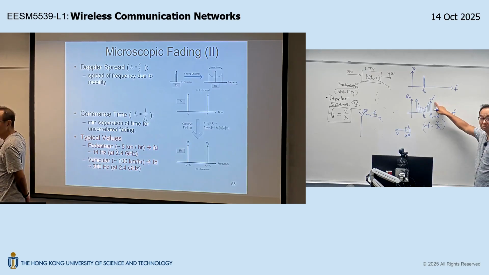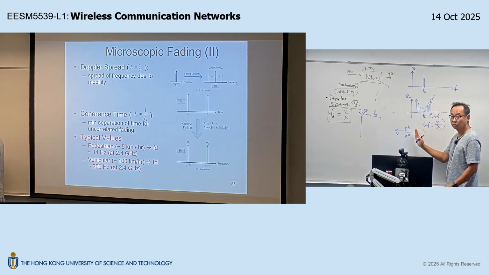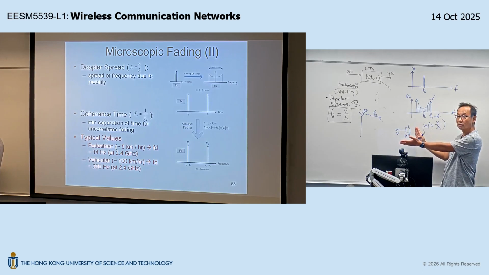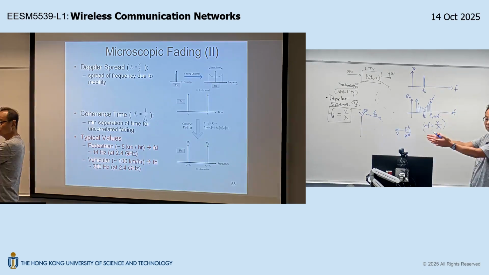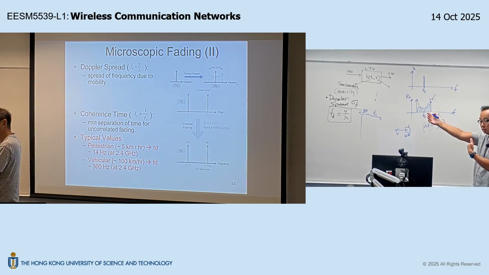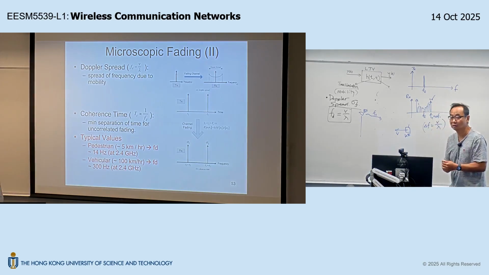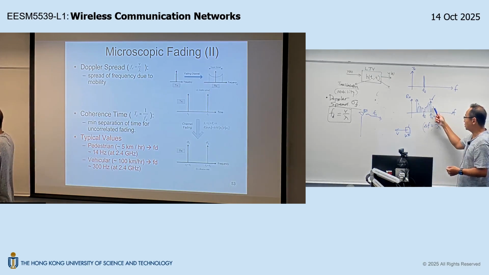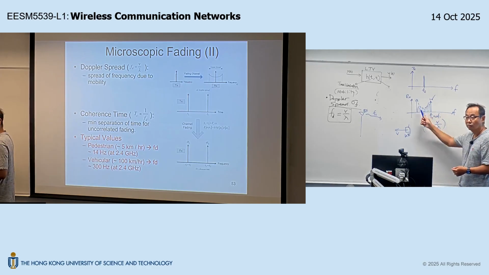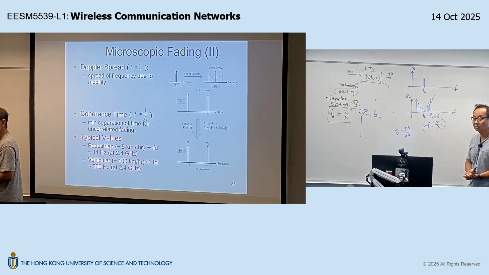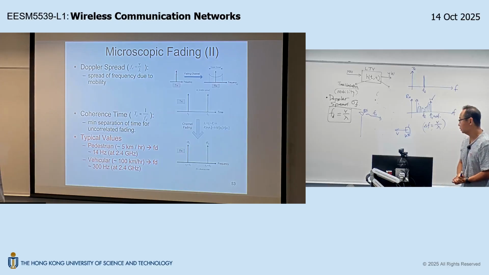This component can be understood by Doppler shift, because now the receiver is moving towards the transmitter, just like you are moving towards the ambulance, so you perceive a higher pitch from the ambulance. Doppler effect. But why at the same time do you receive the other lower pitch and other components in the intermediate? What's going on here?